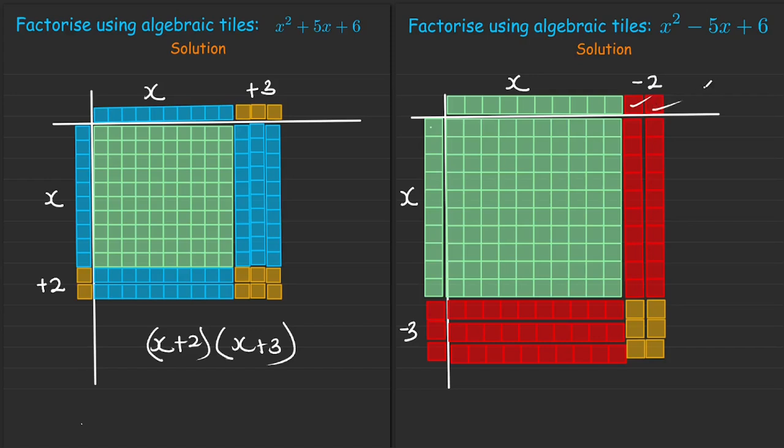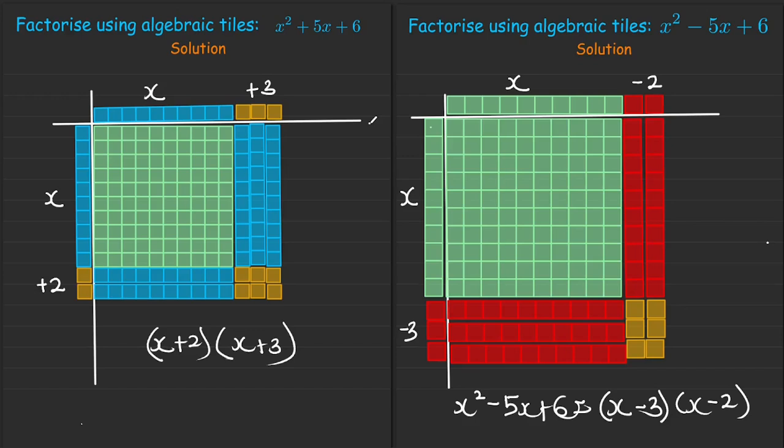That is minus 1, giving us minus 2. Hence, x squared minus 5x plus 6 will then give us an x minus 3. That is for this side. So in a bracket, and then we have x over here minus 2 also in another bracket. So basically, this is how we use algebraic tiles to solve for factorization.